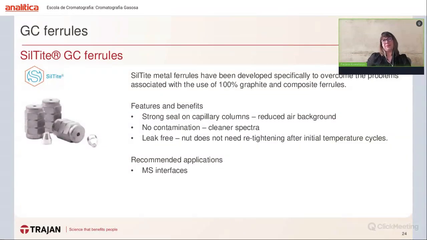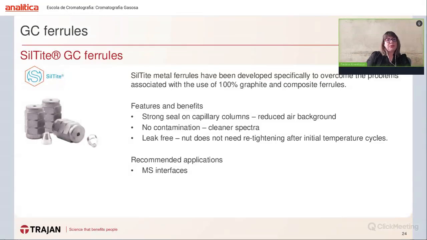So I hope you remember from our last session about the columns that sometimes the pieces of the graphite can get stuck in the column and can interfere with our analysis, with our results. So the metal ferrules are ideal to overcome this issue, and they are recommended for the MS interfaces due to their strong seal on capillary columns, so it will reduce the air background.